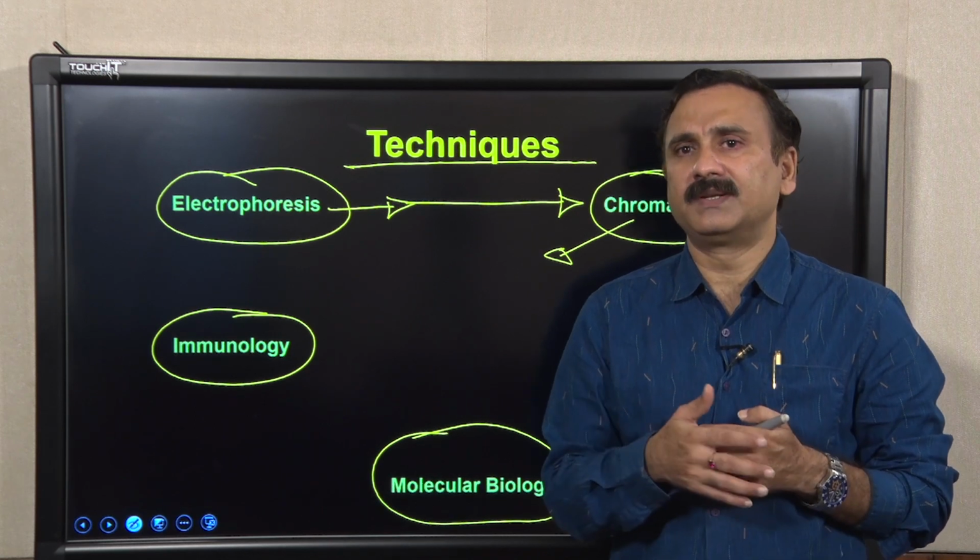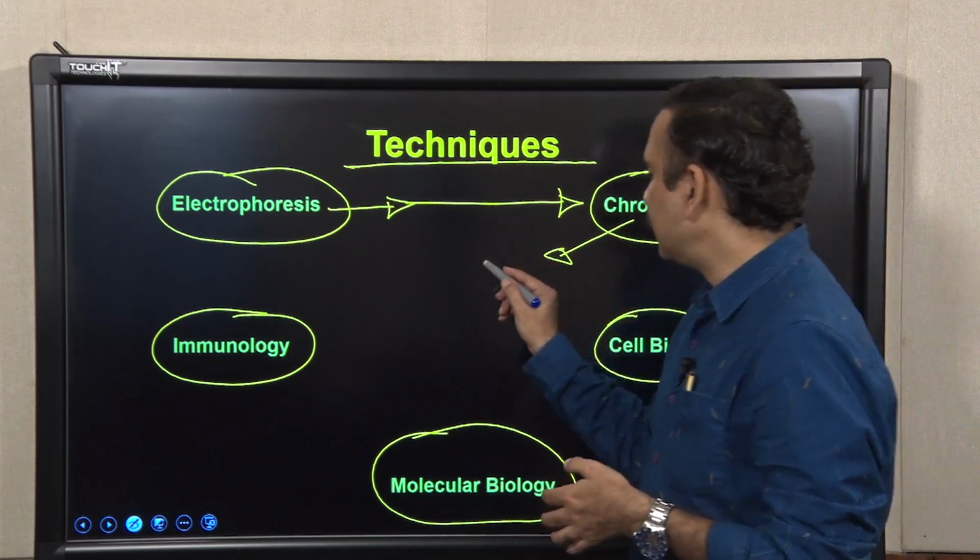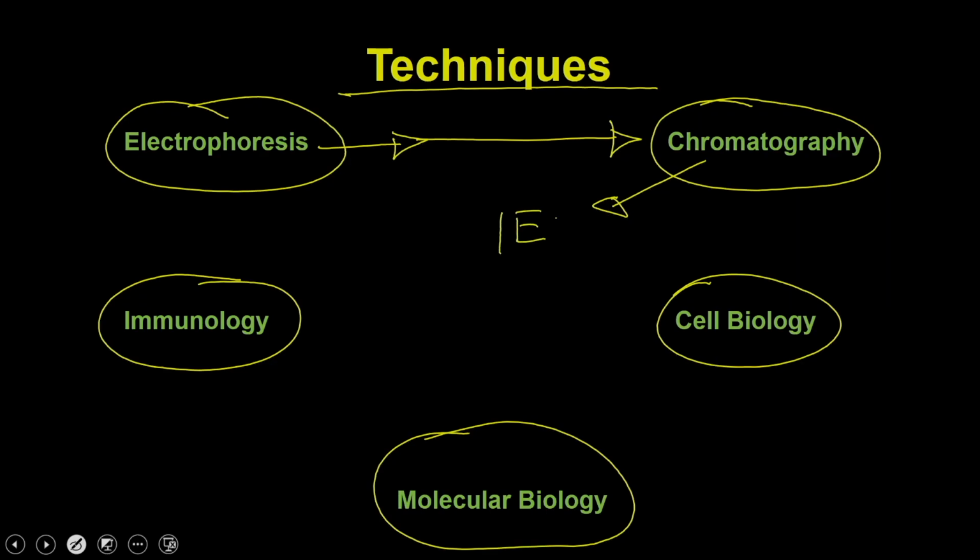Following that, we also discussed the different types of chromatography techniques. We discussed ion exchange chromatography, hydrophobic interaction chromatography, gel filtration chromatography, and also affinity chromatography.